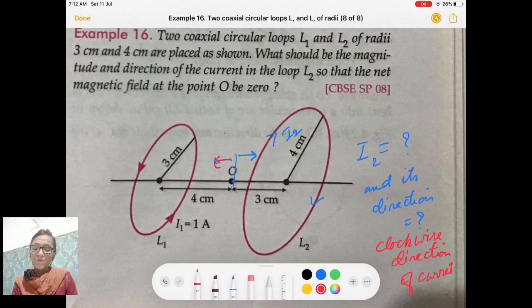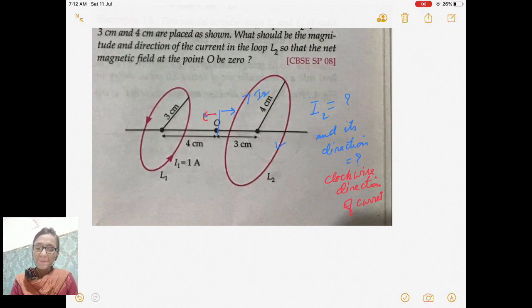Okay. And for magnitude, let me obtain the two magnetic fields and equalize them at these points.